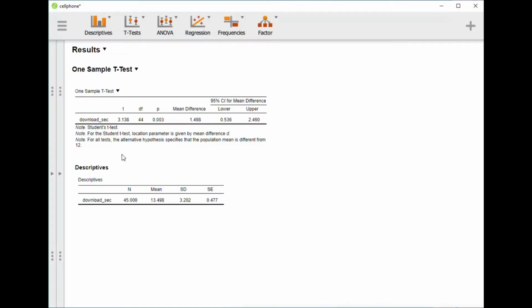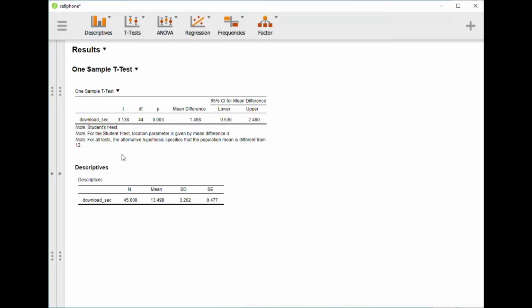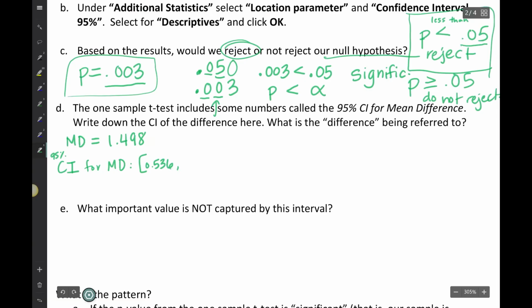And the confidence interval, the 95% confidence interval, because we could have different levels of confidence, for the mean difference was from 0.536 to 2.460.